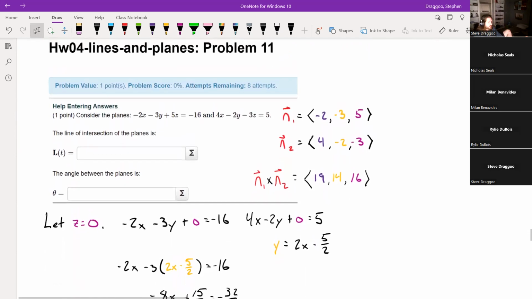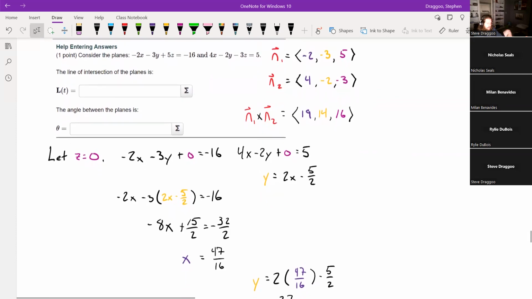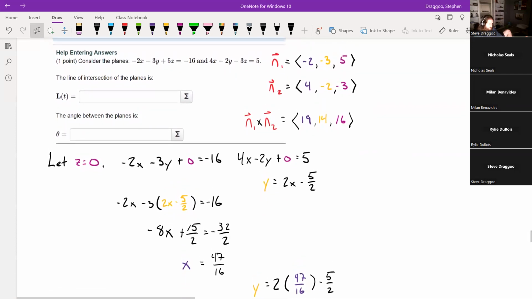Some other things. Got a couple of planes. I want to find their line of intersection and the angle that's in between them. Well, I can get a normal vector of each plane, take the cross product of their 2 normal vectors, and that will give me a vector that is parallel to their line of intersection.